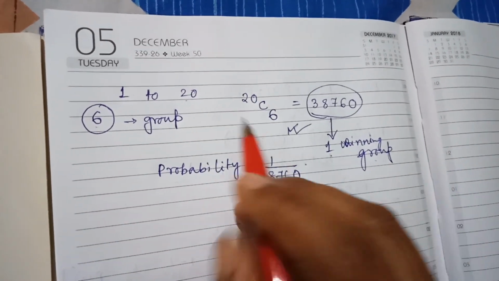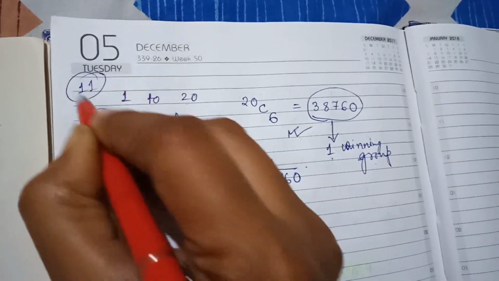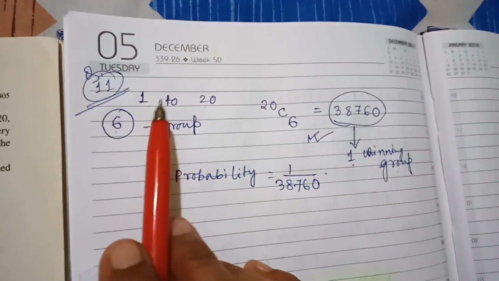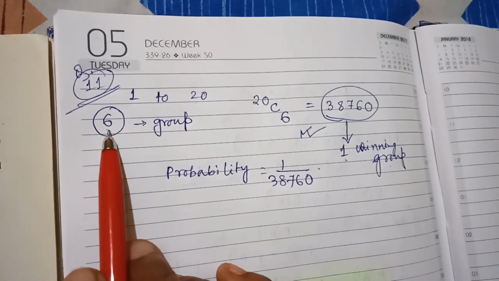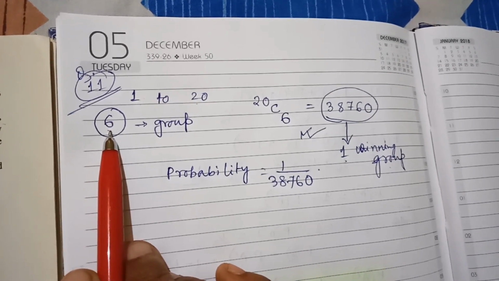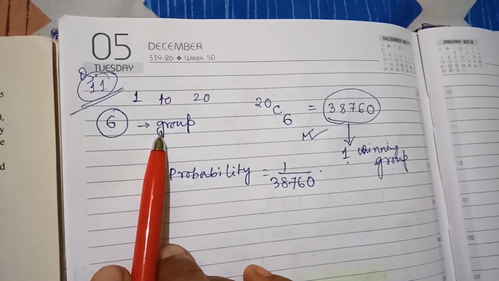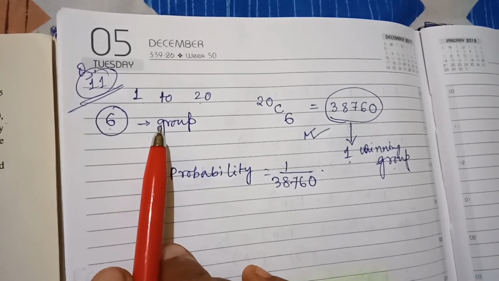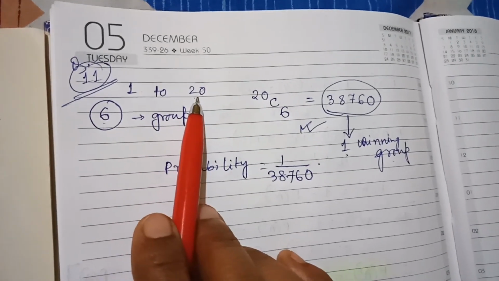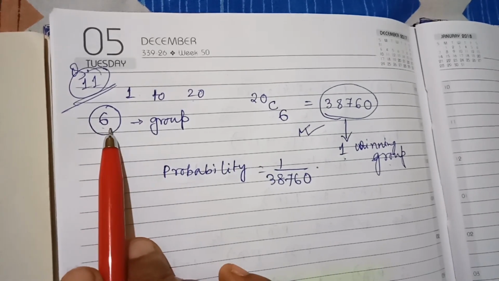I am again just repeating the whole concept of question number 11. We need to find out a 6 numbers group, that is the winning group set by the lottery committee, and we need to choose those 6 numbers from 1 to 20. In how many ways can we choose this group?